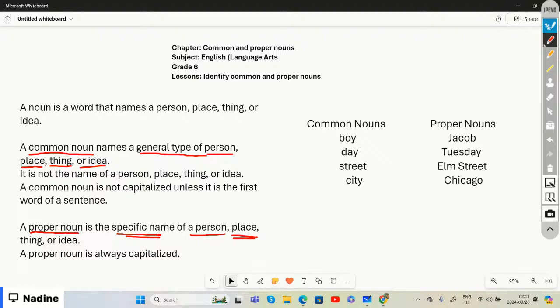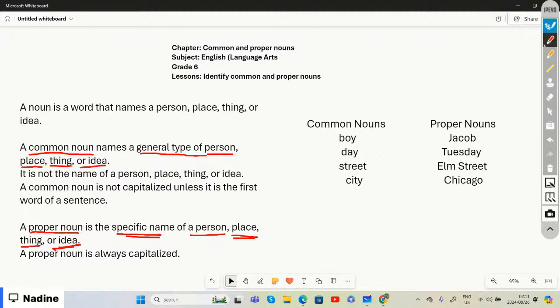Instead of saying, I'm going to the park, you're giving the name of the park. It is that specific thing or the specific idea. And that is proper nouns.